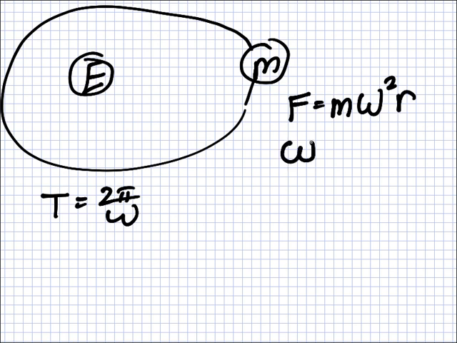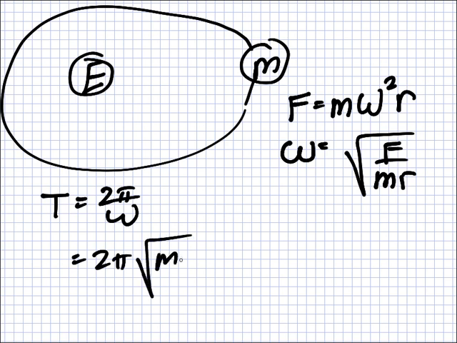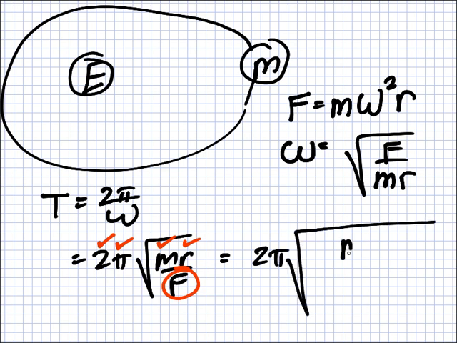So omega is root F over m r. So this is 2 pi root m r over F. Do we know this? Yes. This, but we don't know this. But we could know it. We could know it by using the formula today.